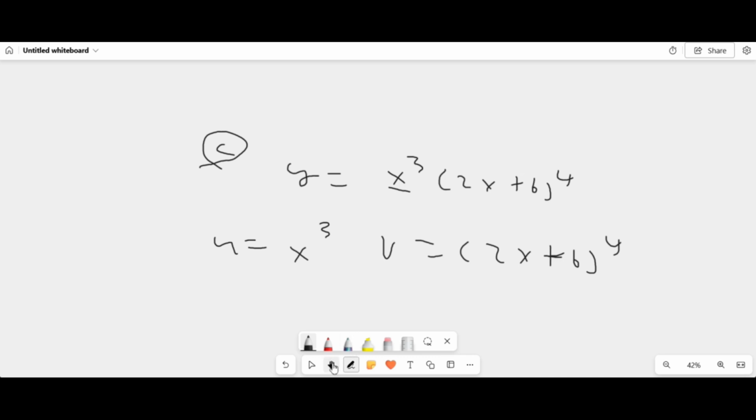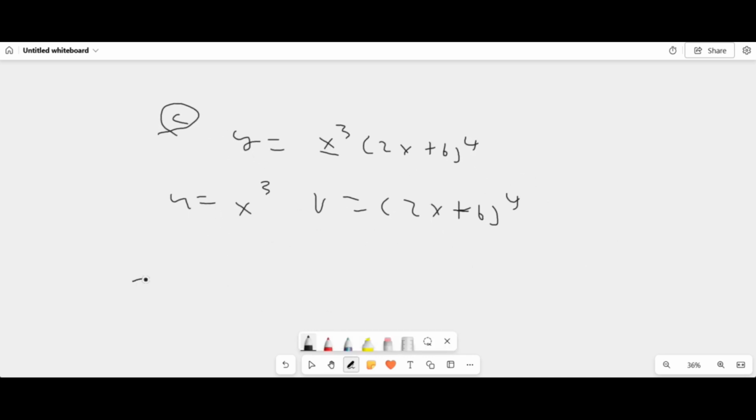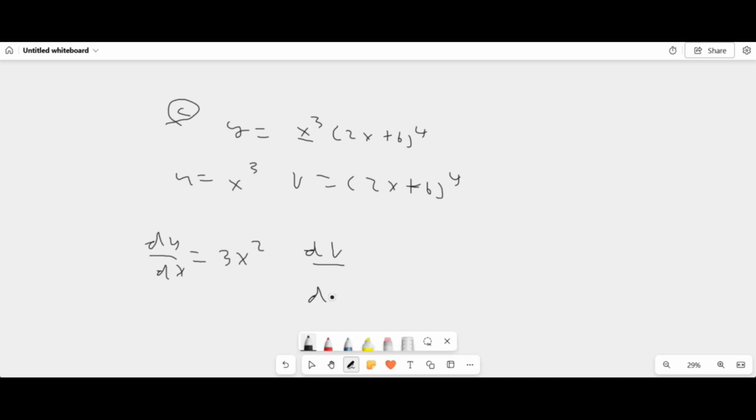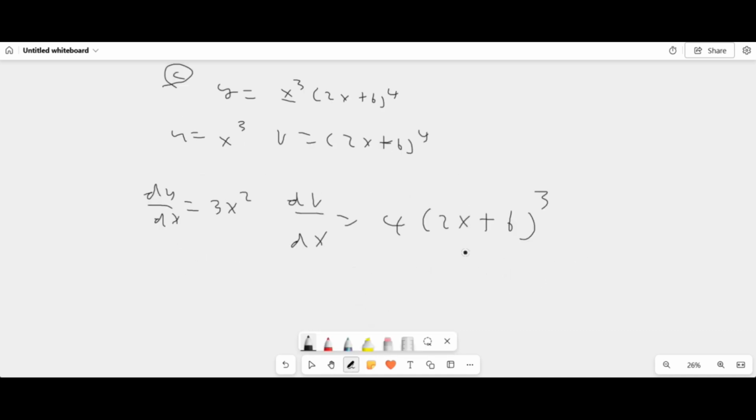And now obviously you want to differentiate u. So to differentiate u, we do du over dx, which is going to get you 3x squared. And then dv over dx, which is going to get you, bring the 4 down. The bracket stays the same, 2x plus 6, and then take away 1 from the power, so 3. And then furthermore, differentiate the inside, so 2x plus 6, differentiate that, you get 2.